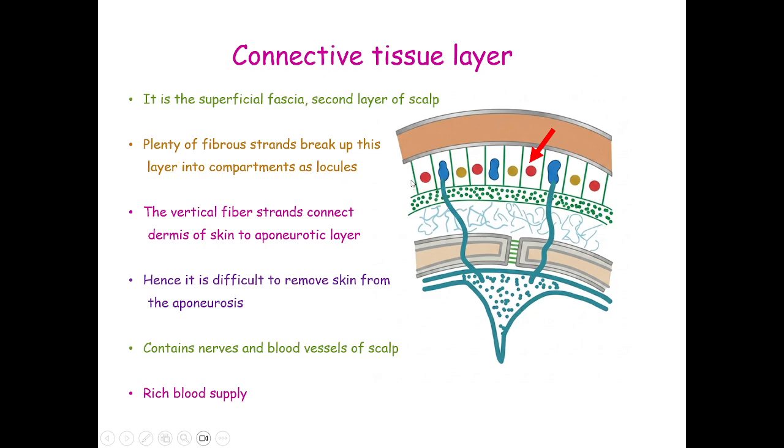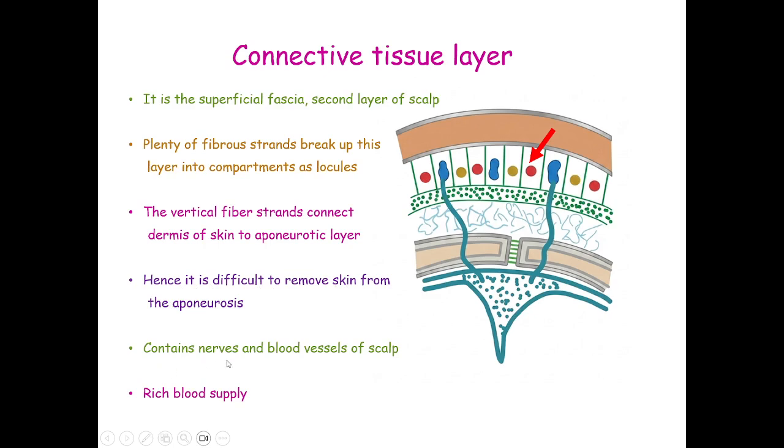So in this picture you can see there are vertical fibrous strands dividing this layer into compartments. The vertical fiber strands connect dermis of the skin to aponeurotic layer. So dermis here is connected with the aponeurosis below with the help of these strands. Hence, it is difficult to remove skin from the aponeurosis.